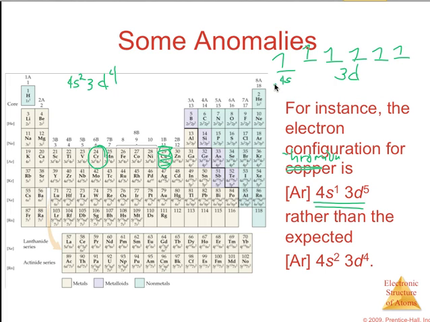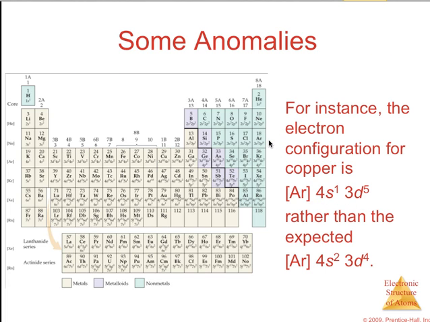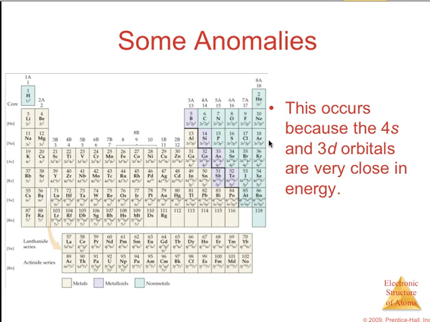This is a more stable electron configuration than if this would double up and have an orbital open. So you should remember that that is a likely anomaly or an exception to the patterns, remembering that the 4s and the 3d orbitals are very close in energy.